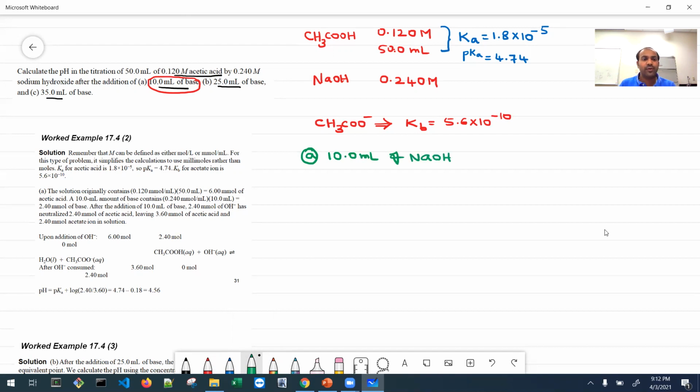If you remember, in this problem, we need to calculate the moles. We use millimoles, and we need to calculate that first before we set up the equation. So if you take the acetic acid, we can calculate how many millimoles we are starting with.